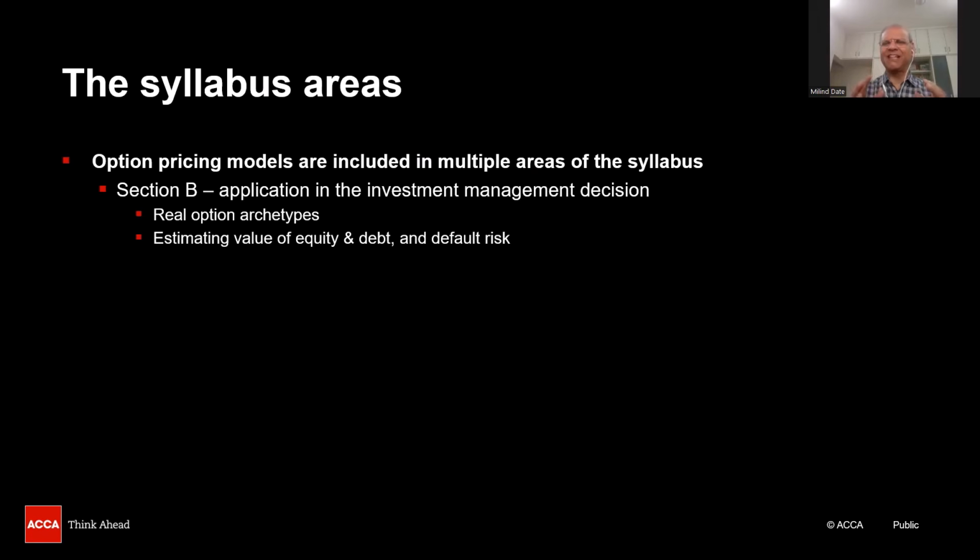Although it's one section that deals primarily with it, section B, which is related to investment appraisal decision, advanced level of investment management decision, where it's included as a part of real option archetypes and also in making the estimations about value of equity and debt, as well as for company to work out the probabilities of default risk.